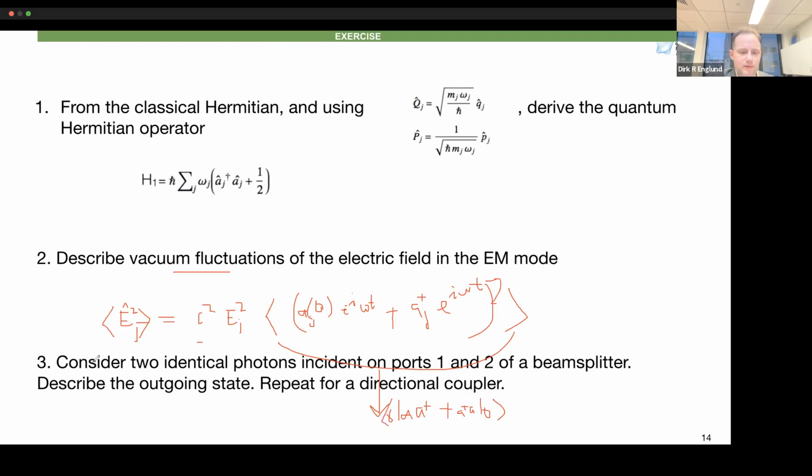So what is that? If a is applied to the vacuum, then that term drops out. So the only thing that's non-zero is the term a a dagger on the vacuum state. Now we can bring in our trusty commutator relations, namely that the commutator of a and a dagger for the same mode is equal to 1.